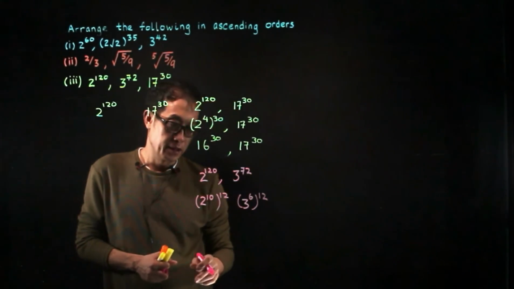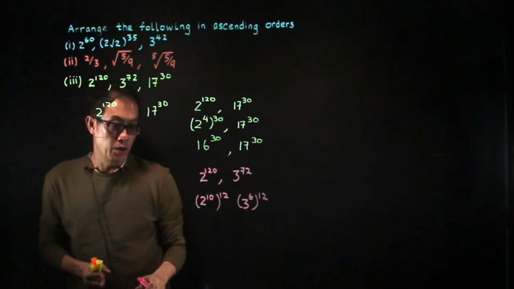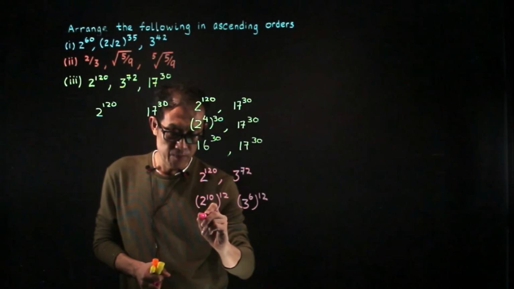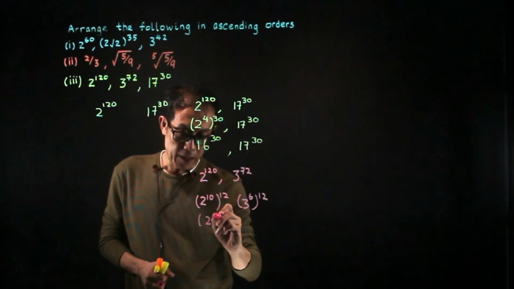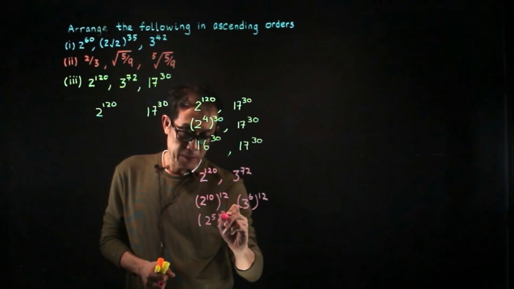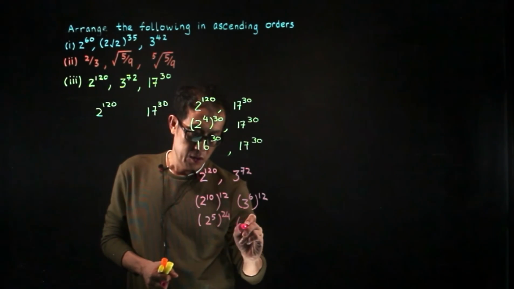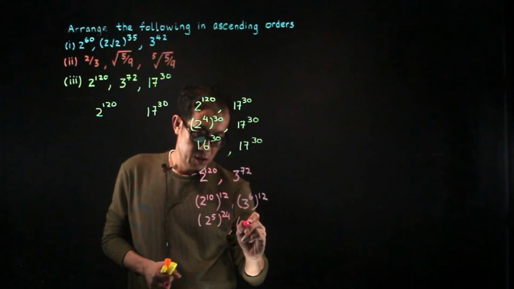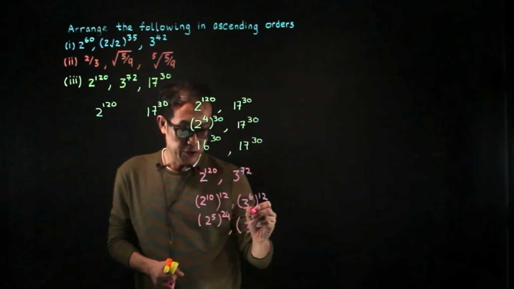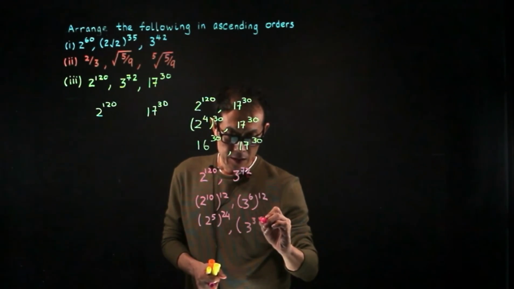There's common some more, so I take 2 out, so it's 2 to the power of 5 to the power of 24, 3 to the power of 3 to the power of 24.